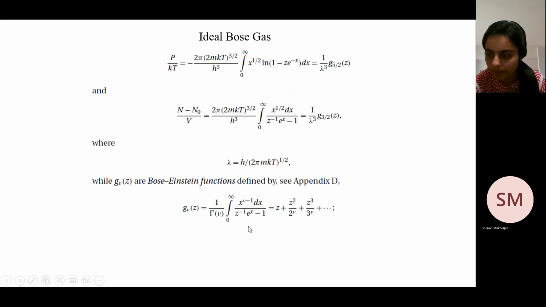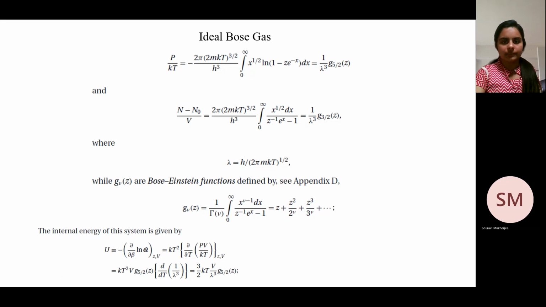Now, once you have done that, you can also find the internal energy, which is given as minus del by del beta of ln q, where q is the grand canonical partition function, right? This derivative over beta is replaced by a derivative over temperature.